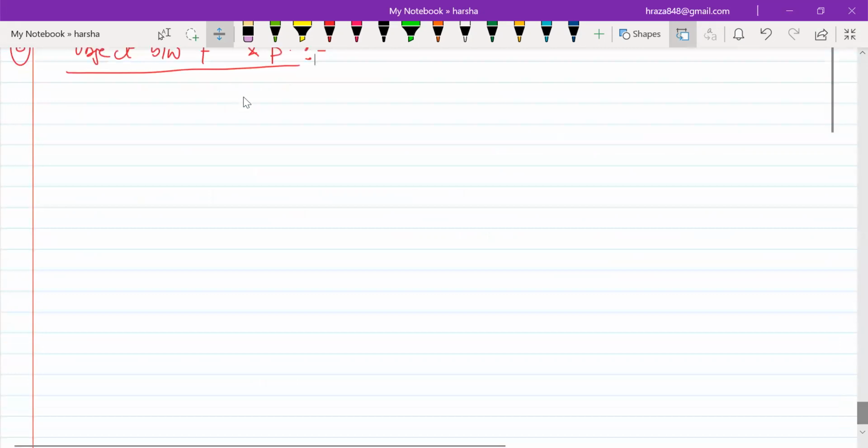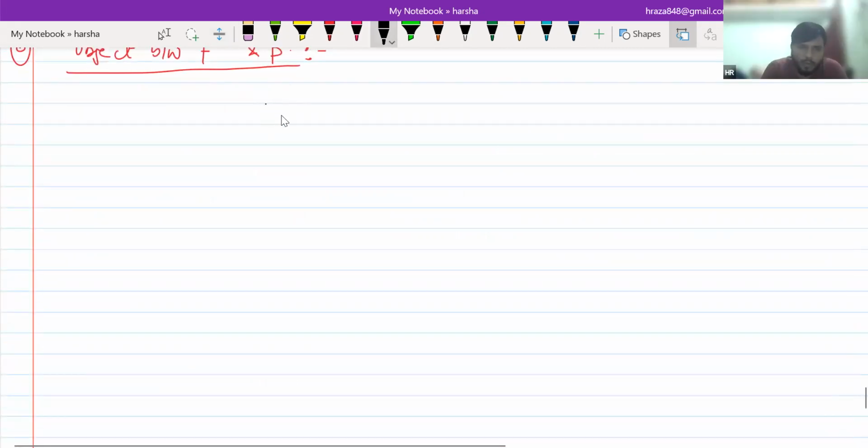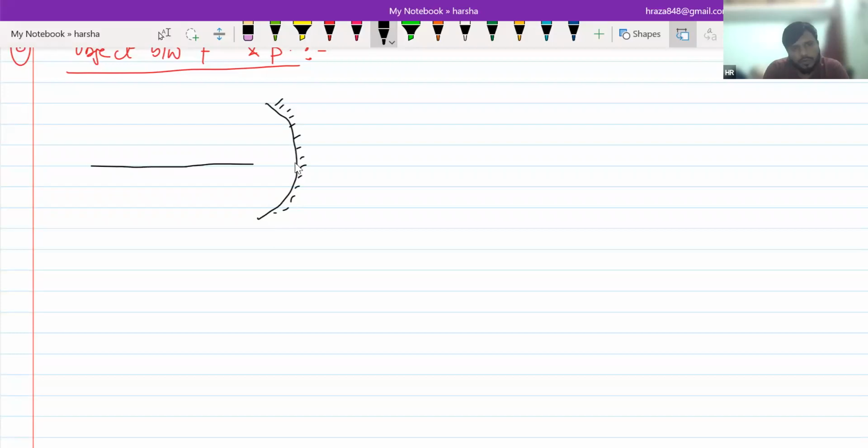Now see, object between focus and pole. So basically you can see this is a concave mirror in which we have pole, focus, and center of curvature, and the object is between focus and pole.